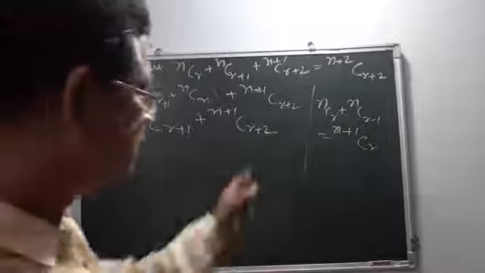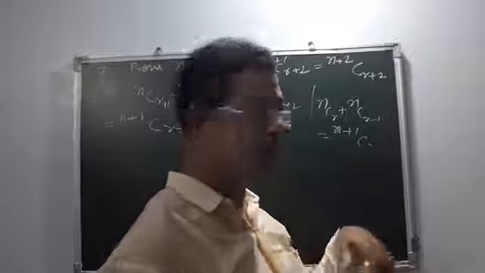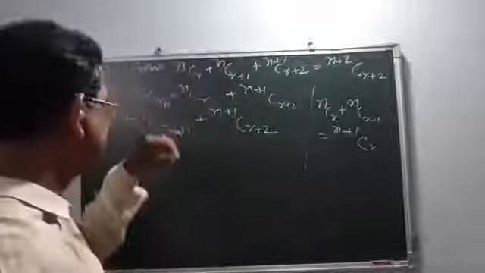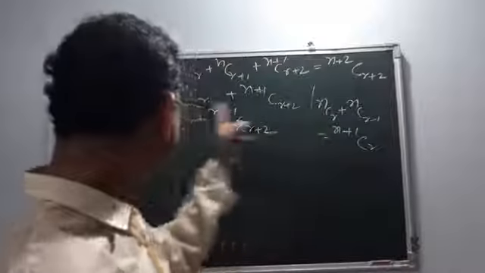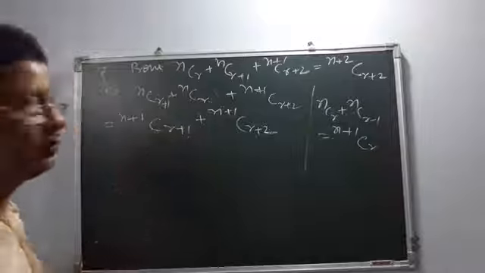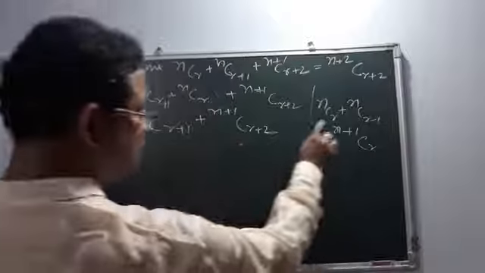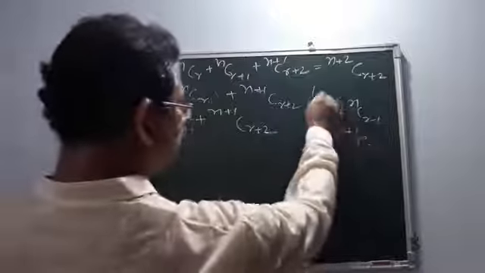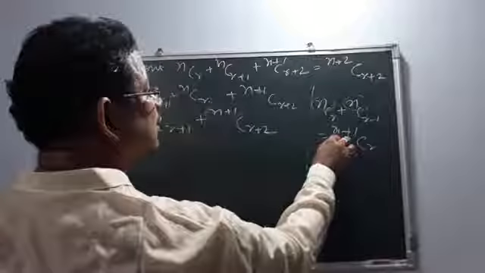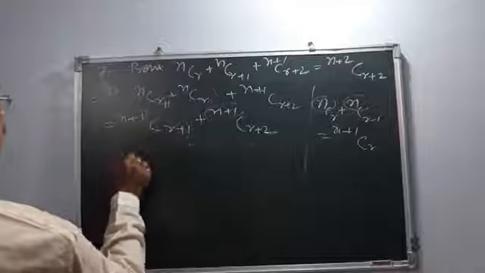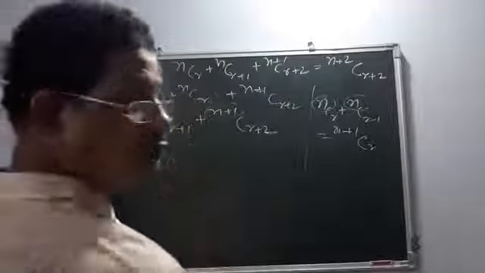Students, concentrate on this one. It is r-1, then the result will come as r+1 and r. Now again, if we apply this formula, in place of n, here n+1. So in the result, it will come as n+2, one more than this.